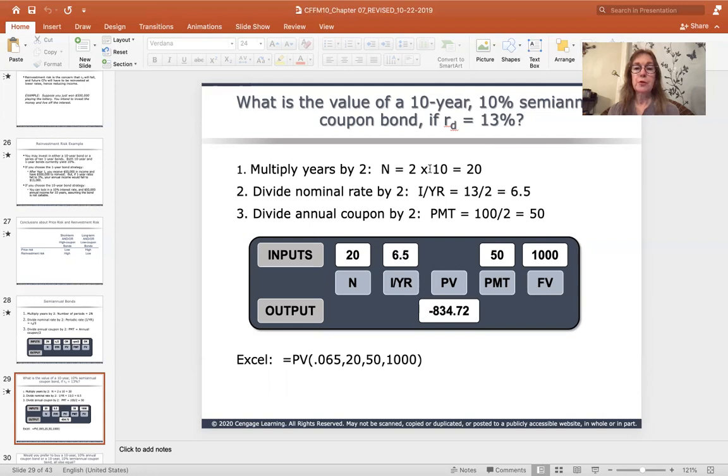The interest rate is 13% divided by 2, 6.5%. N is 10 times 2, which is 20. And so we get the price of the bond is $834.72. So here's an example of how you would do a semi-annual coupon bond.